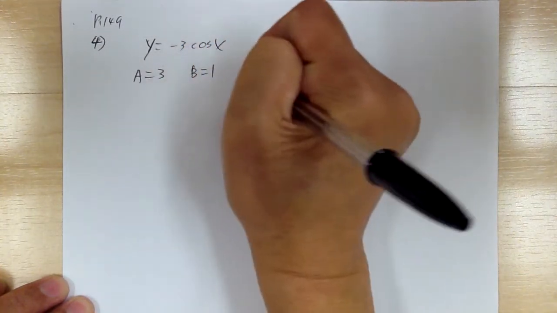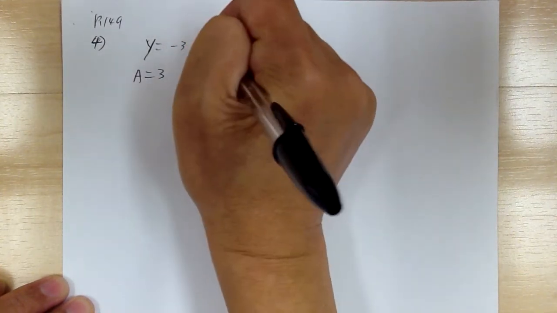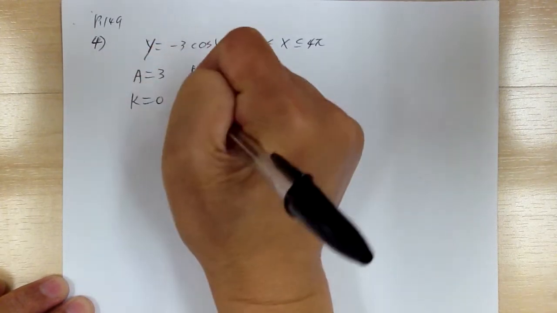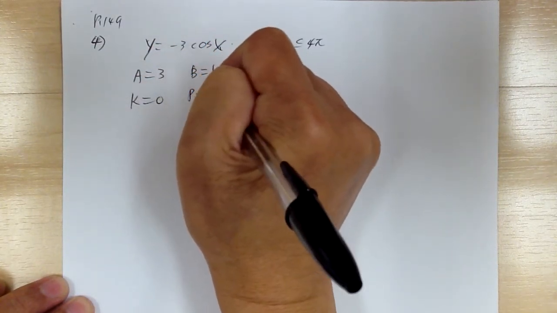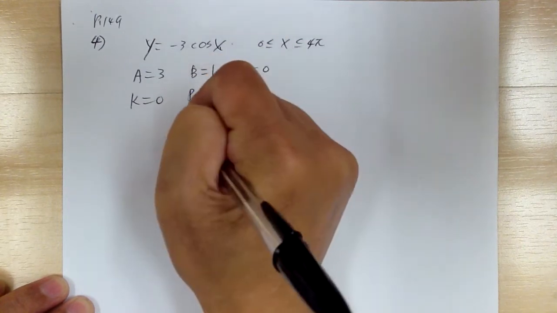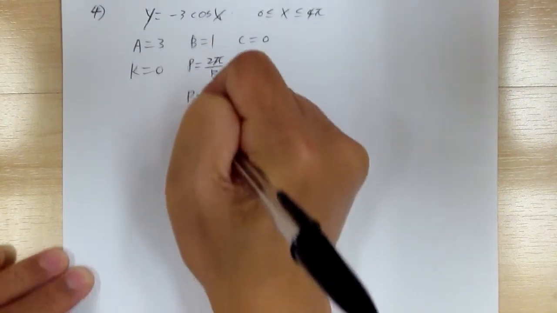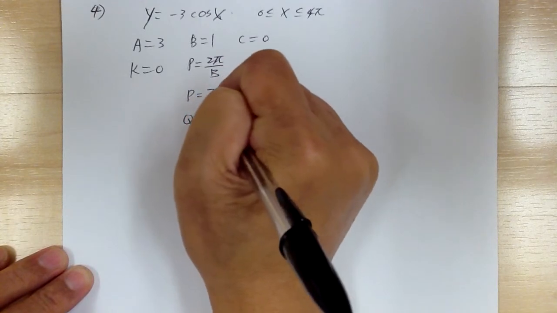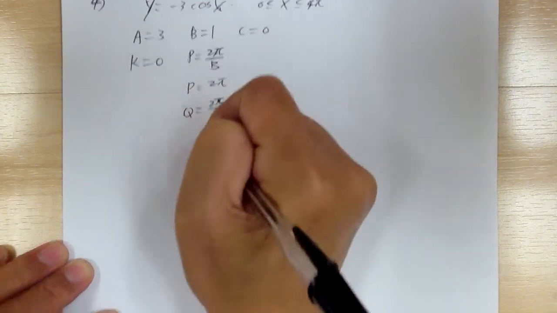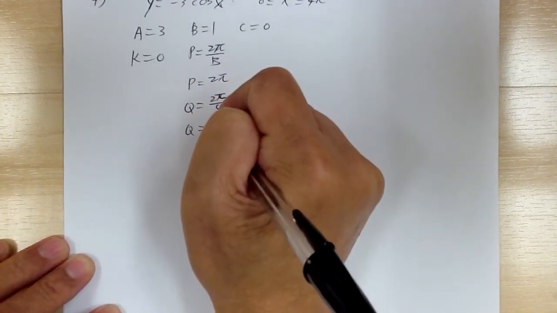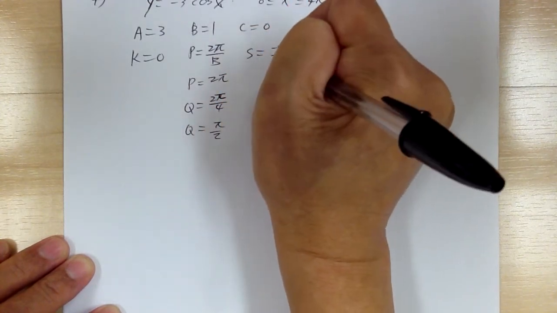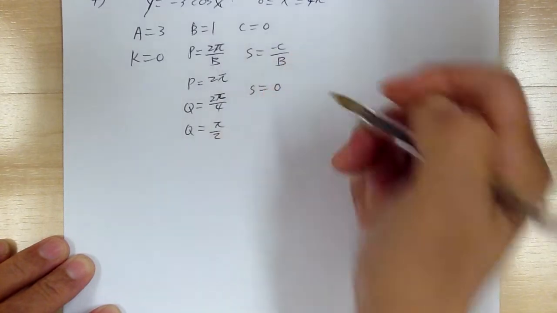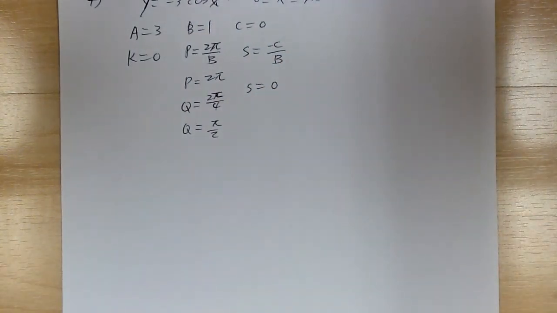B equal to 1. C equal to 0. So you got k equal to 0. And p is 2 pi over b. So period equal to 2 pi. And quarter wave is 2 pi over 4. So q equal to pi over 2. The shift is negative c over b. So shift equal to 0. So once you get all the information, then you can go and do the graphing.